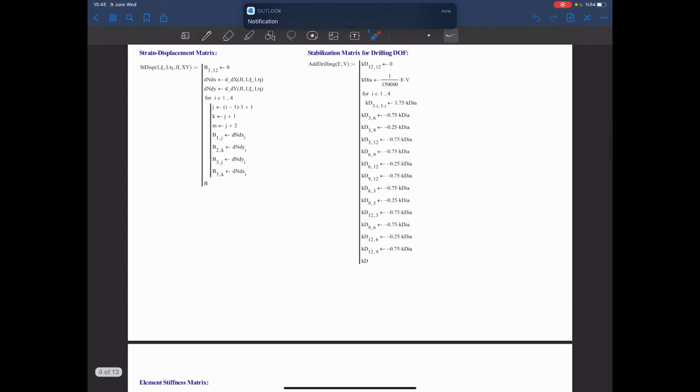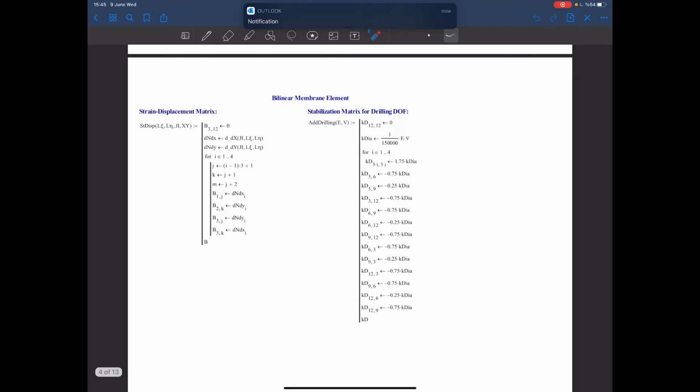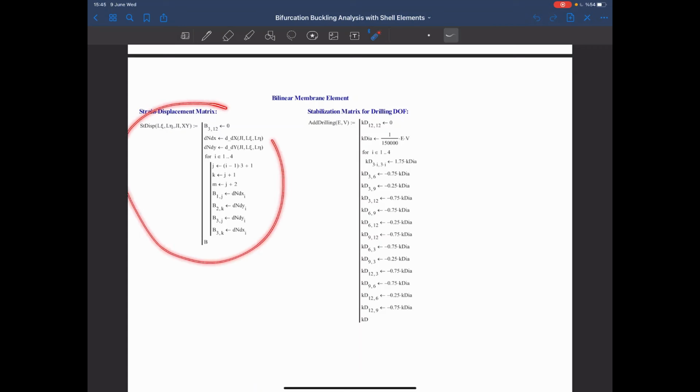And then the membrane part will be modeled with the bilinear membrane element. Now the strain displacement matrix is nothing different here, it is exactly the same as before. So I made a twist, so I added some stiffness coefficients, very small numbers, to the drilling degrees of freedom.